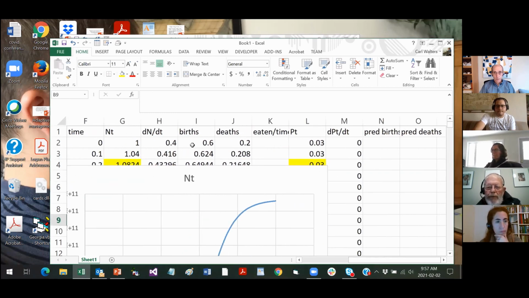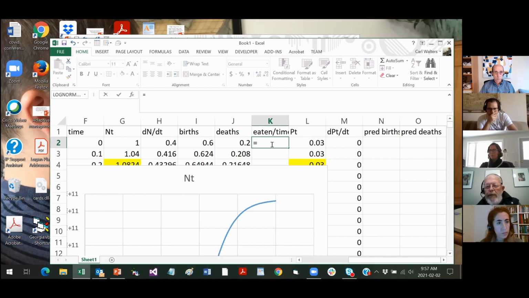Okay, now over here in eaten per time, I'm going to put in what's called the mass action or Volterra model. I'm going to make the predicted number eaten per time to be AR times the prey numbers times the predator numbers. This is called mass action interaction.